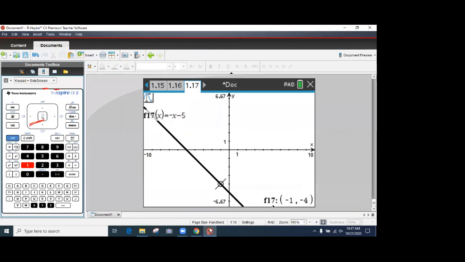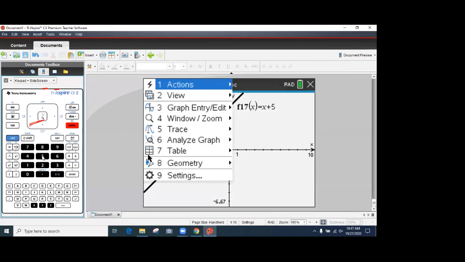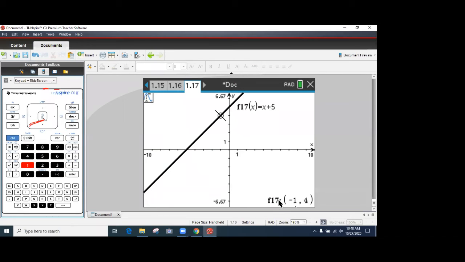So let's type in C real quick. So tab, go up. I'm going to switch this to a plus and just delete the negative. All right, we're going to go menu 5.1. All right, is that correct right there? 1 and 4. Okay, yes, that's correct.